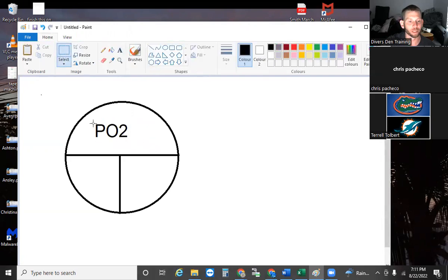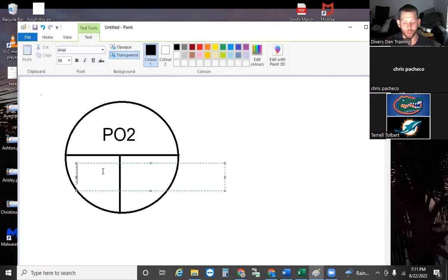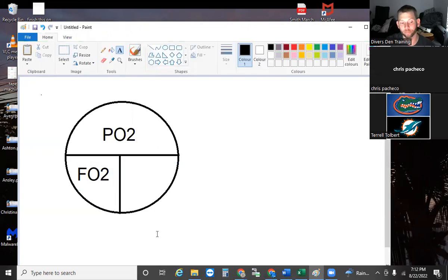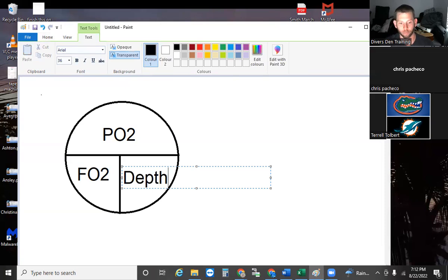I'll even move it so it's in the middle. Okay, and then over here you have a fraction of oxygen, FO2, and that's in decimal form. So if it's 28%, it's 0.28. Okay, then over here you have the depth, in atmospheres.